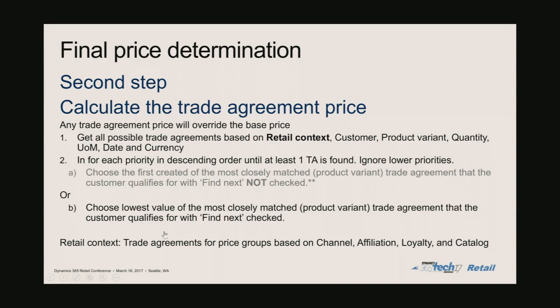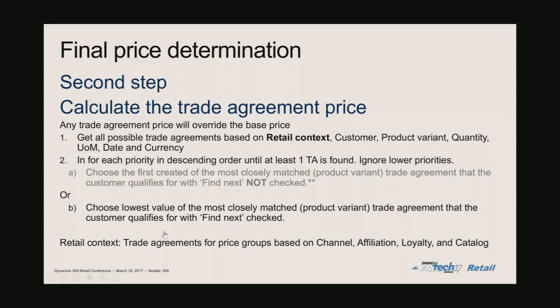So if you have iPhones in 128 gig and 256, right, you can set the price on that for all the colors, right? You don't have to go and do each one individually. So we find that we'll pick one of those trade agreements, and then we're done. We don't look at any of the trade agreements at lower priorities.